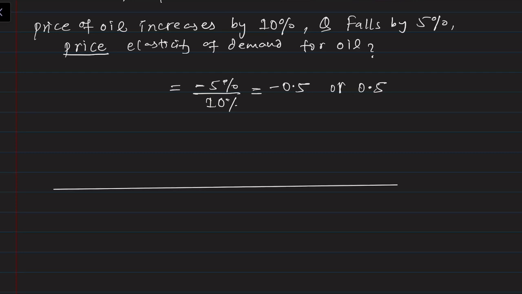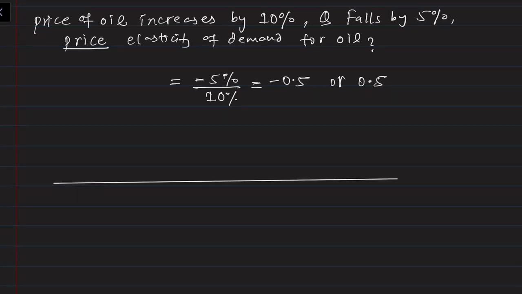And one more remark, please keep in mind that elasticity of demand is always negative, because whenever the price increases, the demand falls, because the demand curve is downward sloping, right? So elasticity of demand is always negative.